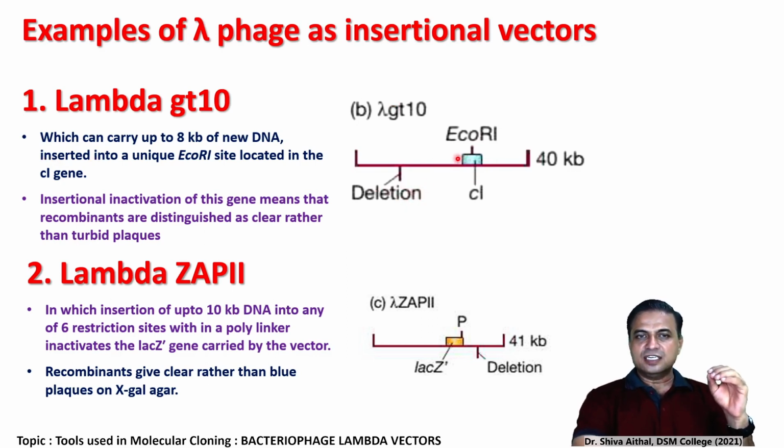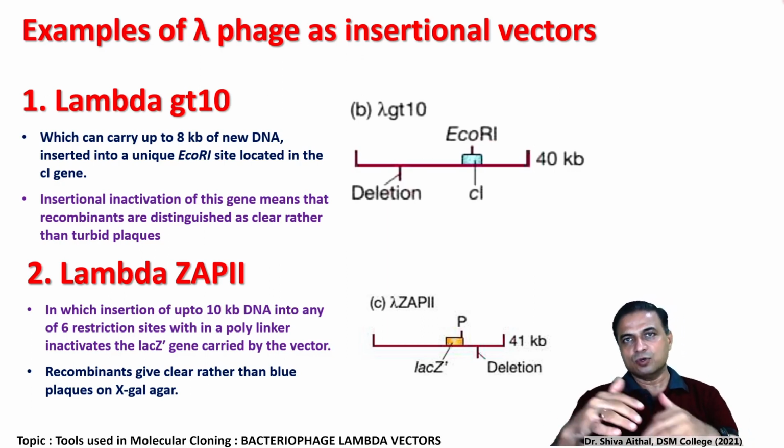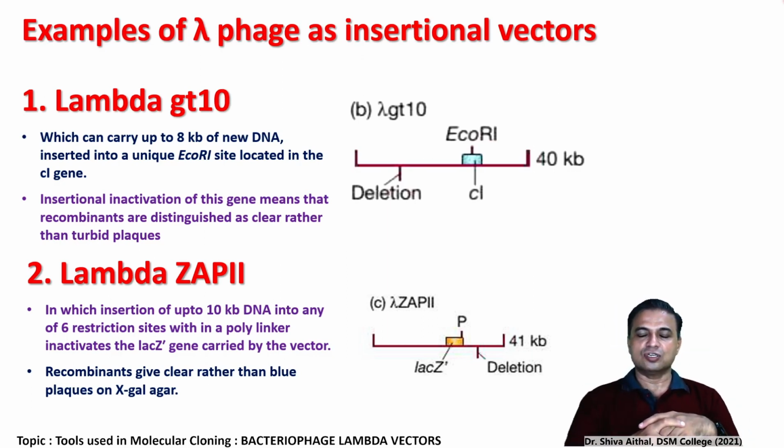It is inserted in a unique EcoRI site near the cI gene of the lambda genome. Insertional inactivation of this gene is done, which means that recombinants are distinguished on the basis of clear plaques rather than turbid plaques, because the lytic cycle is very clear when this is carried out.